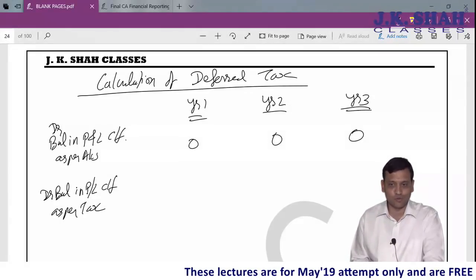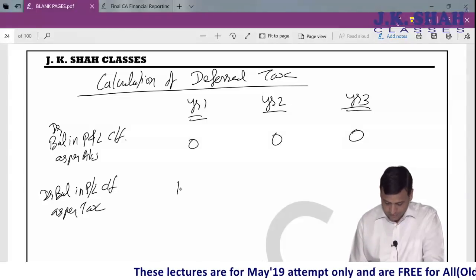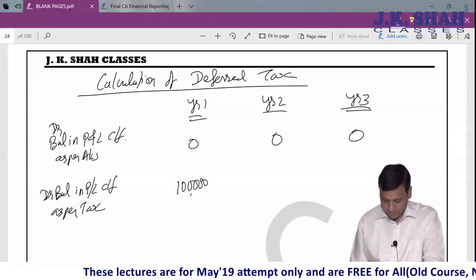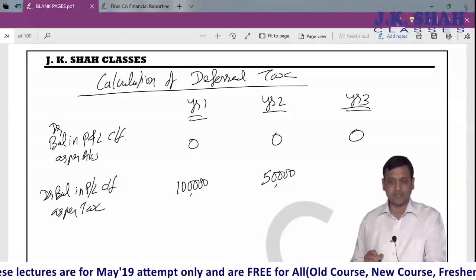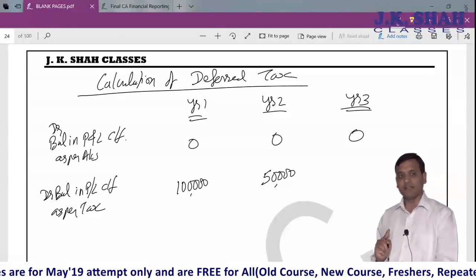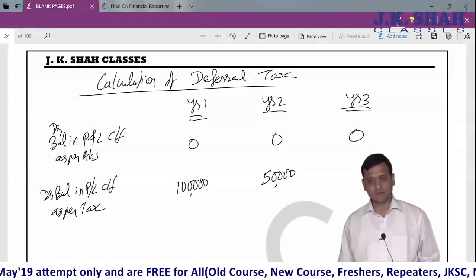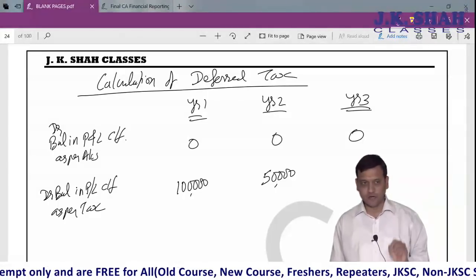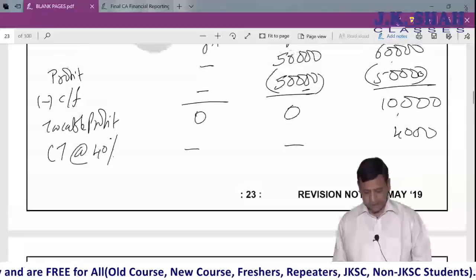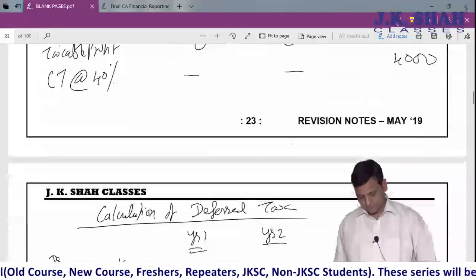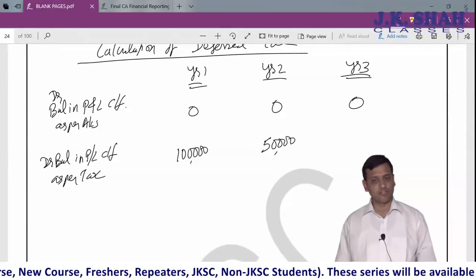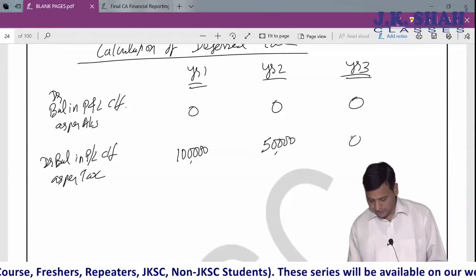A P&L balance is not actually an asset. Can I say it is 1 lakh here? Here it is 50,000. How did we come to know it is 50,000? See, at the end of year 1 I made a loss of 1 lakh. So that 1 lakh will be carried forward in year 2. In year 2 what happened? This 50,000 is knocked off. So in year 2 if I knock off 50,000, 50,000 is left, and in year 3 it is again 0.